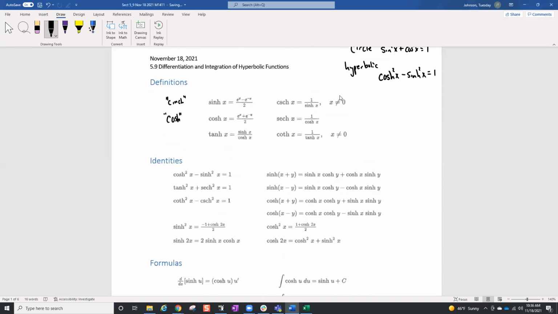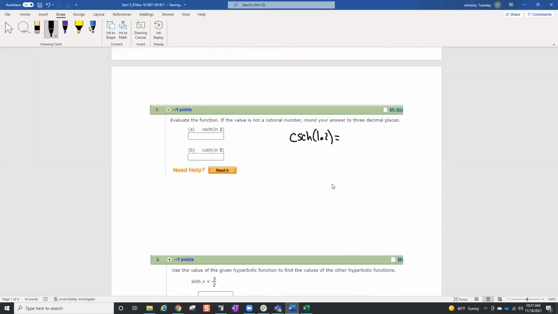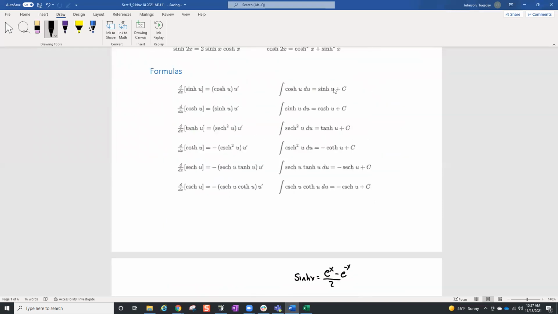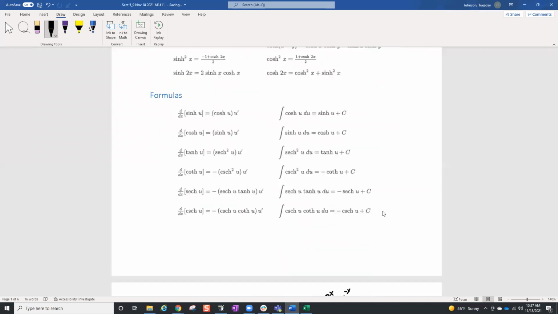Hyperbolic cosecant is the reciprocal of hyperbolic sine. Okay, what is hyperbolic sine? e to the x minus e to the negative x over 2. So I'm going to put that over here. Hyperbolic sine is e to the x minus e to the negative x over 2. Let me make sure I got that minus sign right. Hyperbolic sine has the minus.